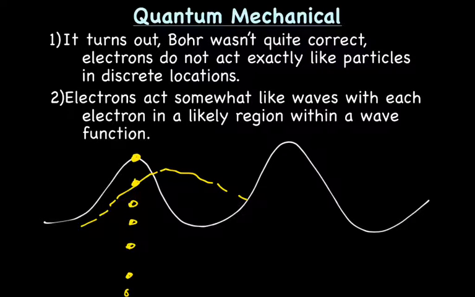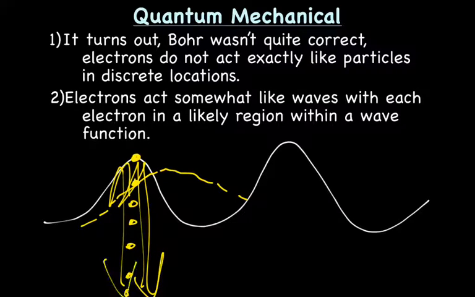So the particle moves up and down as the wave is going by. So electrons act sort of like that. Unlike it being in an exact location, this dot, at any one time, an electron would be somewhere along that wave function, at the peak, at the trough, or somewhere in between.